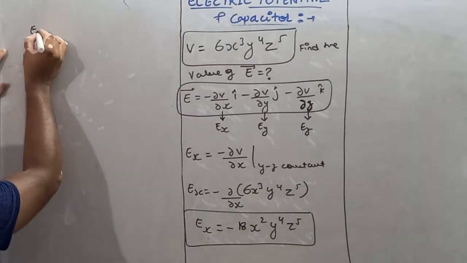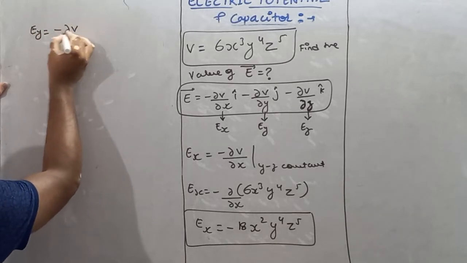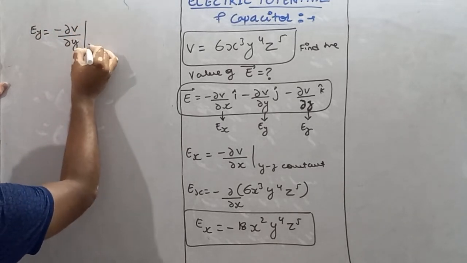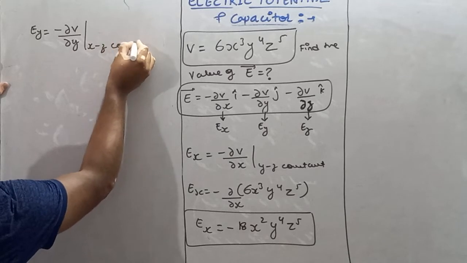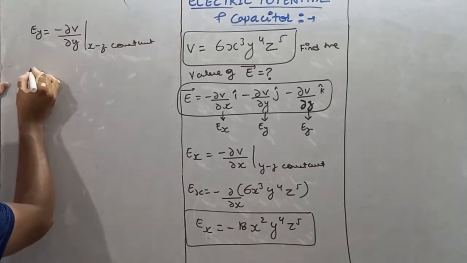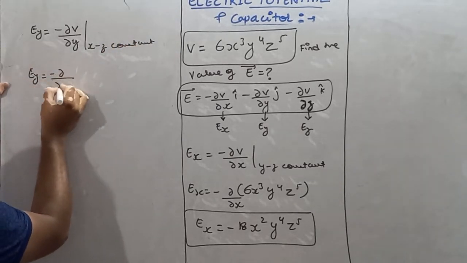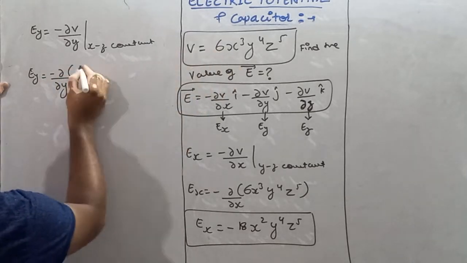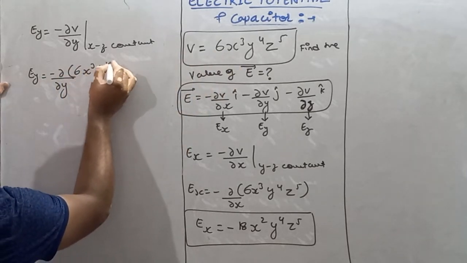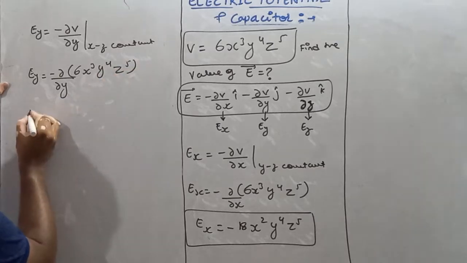Similarly, we have to find the electric field along the y-axis. It is minus del V by del Y, keeping x and z constant. So Ey is equal to minus del over del Y of 6x cube y raised to the power 4 z raised to the power 5.